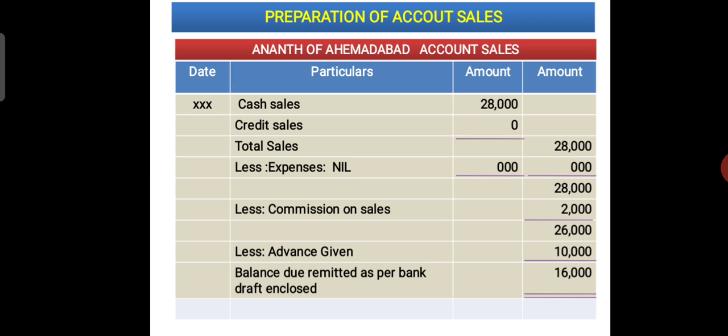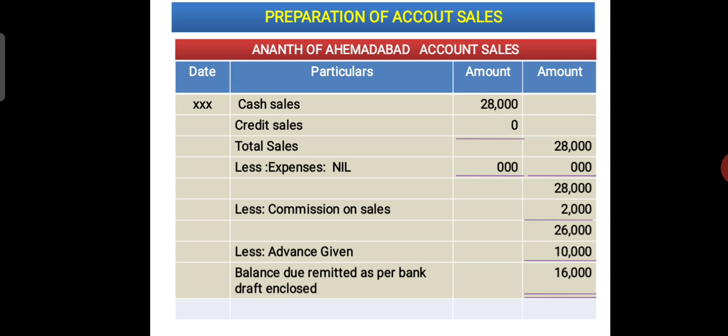No need to prepare these two statements. If we won't prepare these two accounts, then we need to prepare the profit made on consignment statement, a simple statement, and next one, the account sales statement.